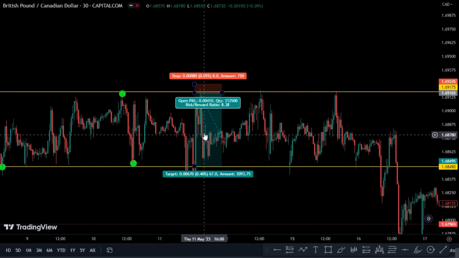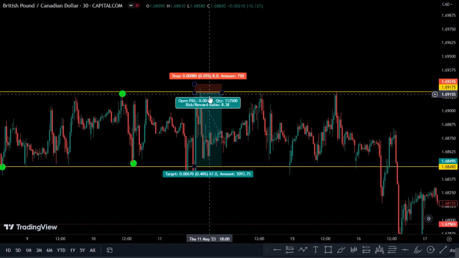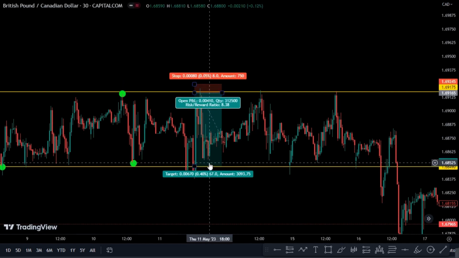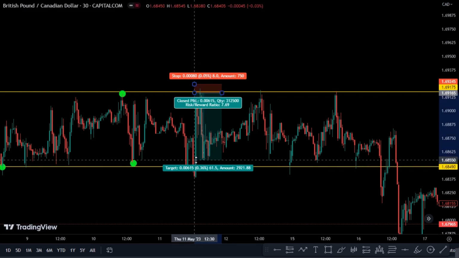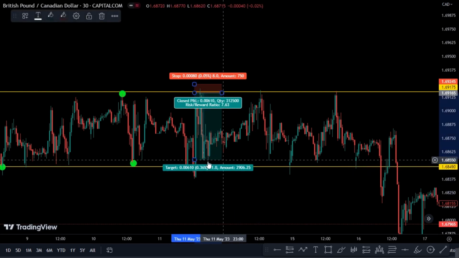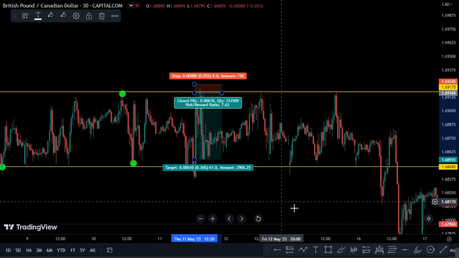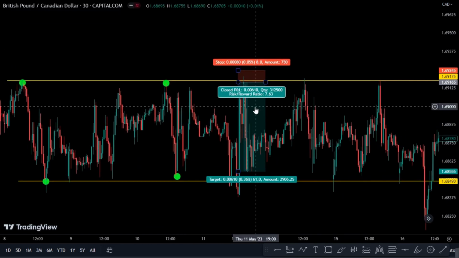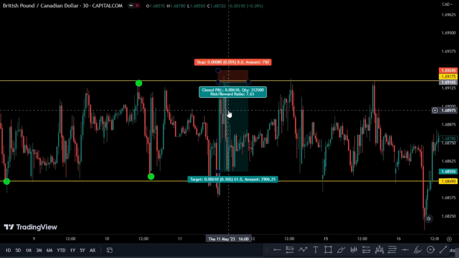Okay, and as we can see, we had an 8 pip stop loss, and we had a take profit of 67 pips here, even though we didn't reach the exact target, but you can see that we easily made 60 pips just like that. So that would be your first 50 pips of this movement.